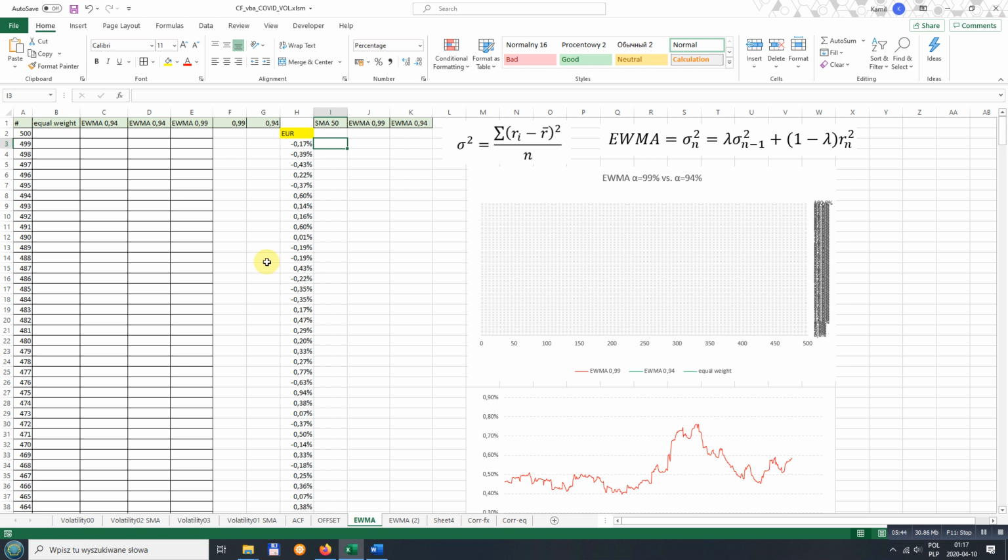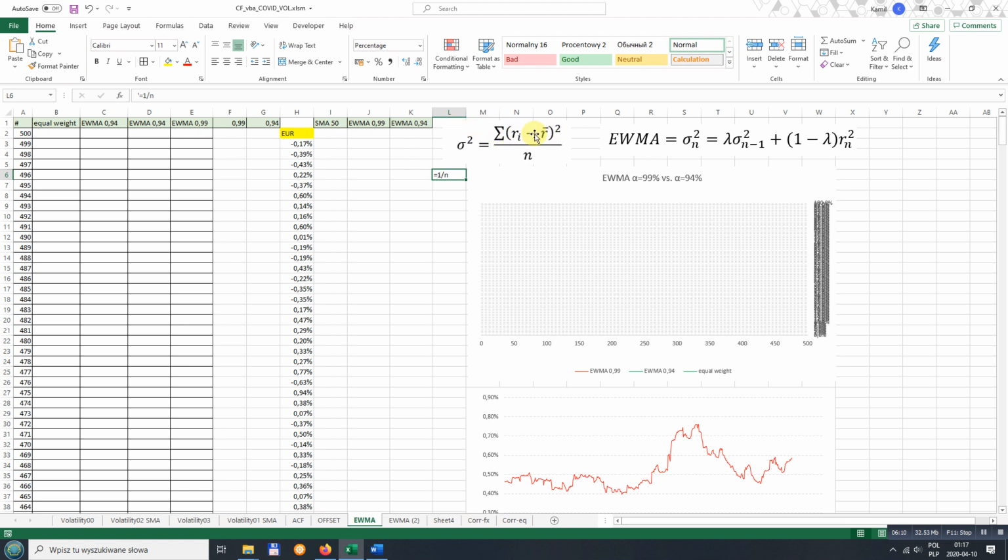Because generally in our calculation of volatility, and also if we only focus on a subset of information, we use weights that are equal, by definition, to 1 over n. Right, so this is a weight for each difference between a recent observation and the average.